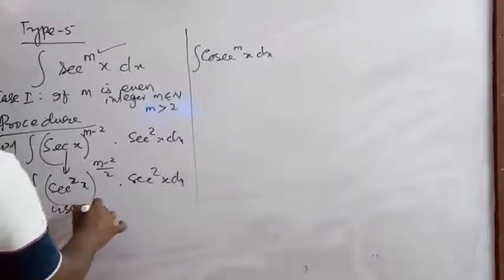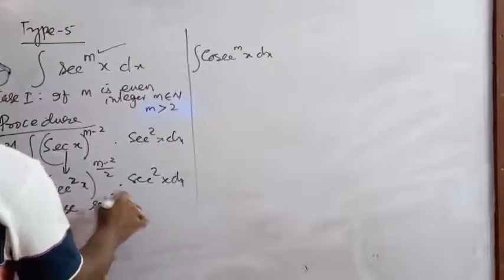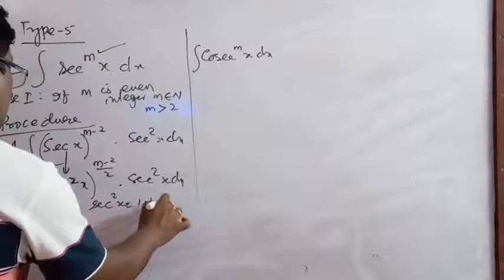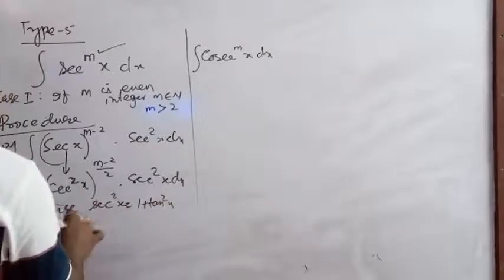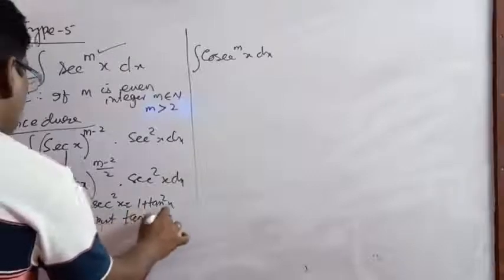Step 3: use sec square x is equal to 1 plus tan square x, and then put tan x equal to t.